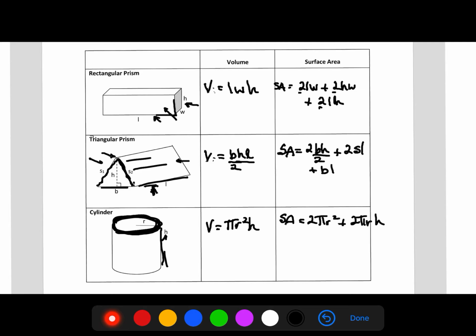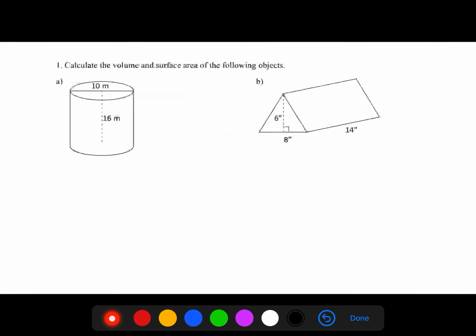So the circumference of a circle is 2 pi r multiplied by the height to get our surface area of the outsides. So using those formulas, we want to calculate the volume and surface area of the following objects.